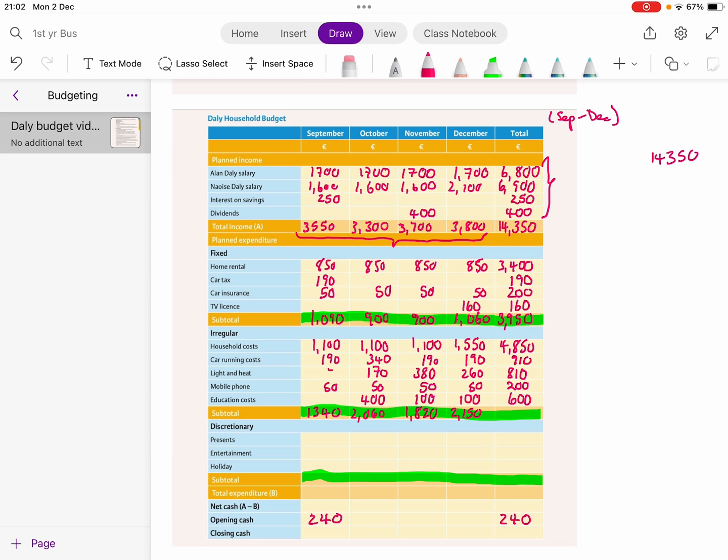So again, reminding you girls, we're adding downwards. So if I add my 4,850, so this is where I am right now, I'm just going to show you.